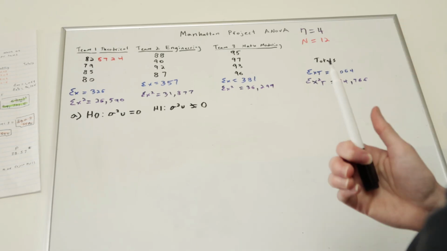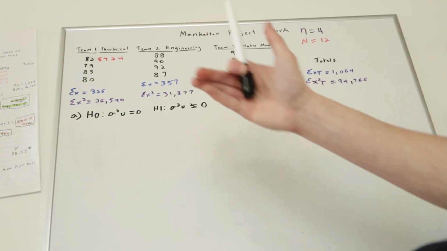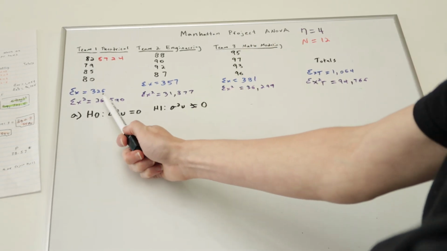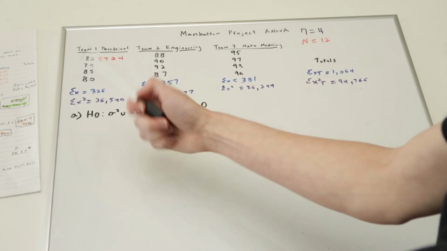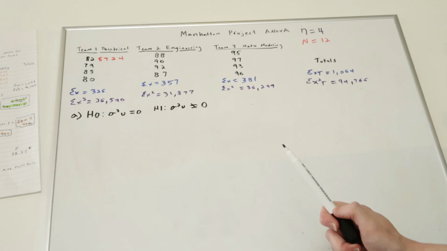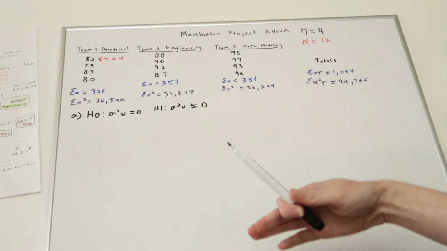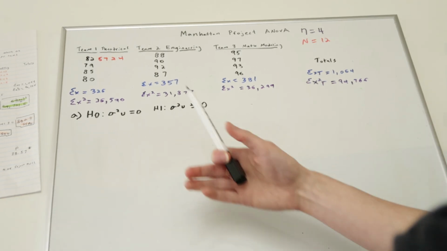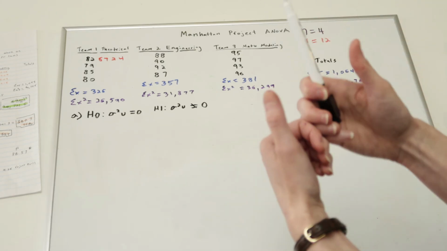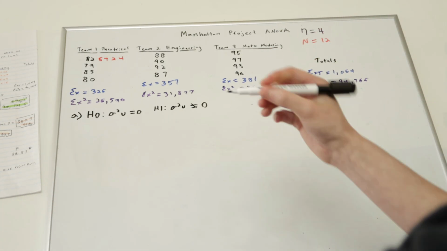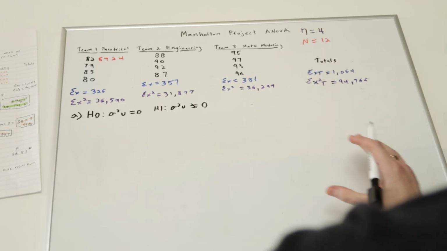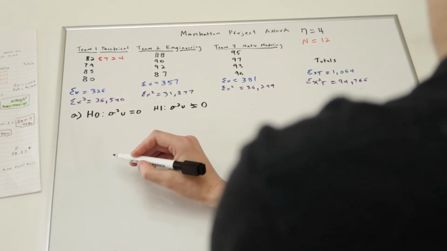The next thing we want to do is take the sum of each group, square it and put it over the number in each group. We have to go through these steps to get our pieces to plug into our F table, which is what you ultimately use to solve a one-way ANOVA.